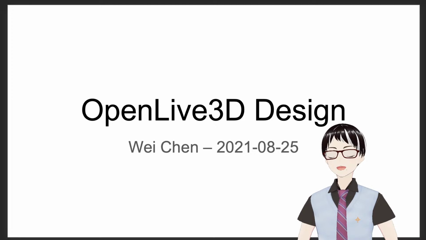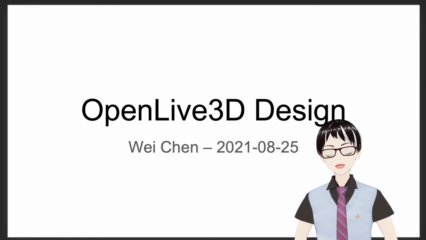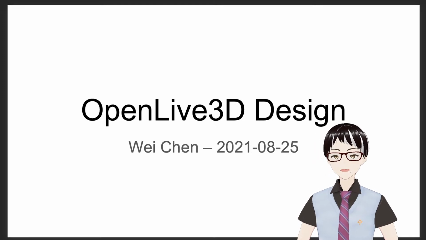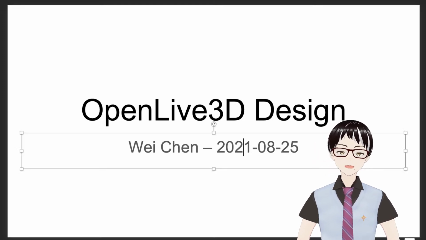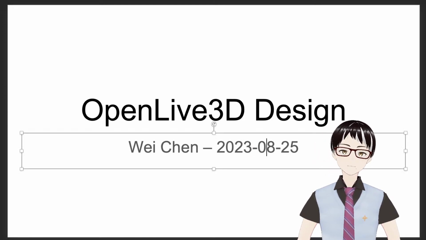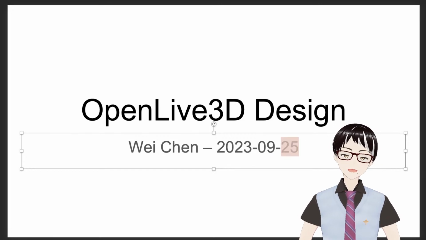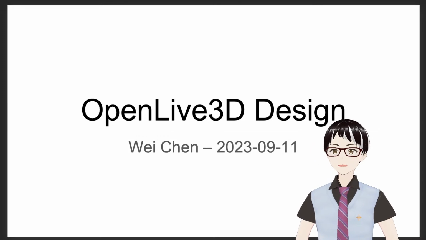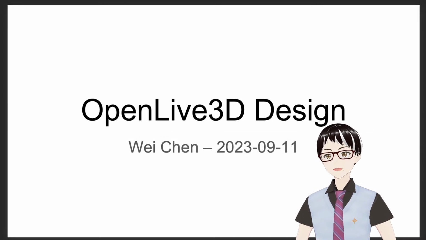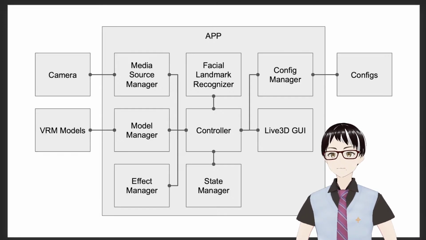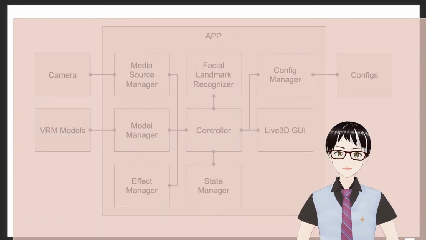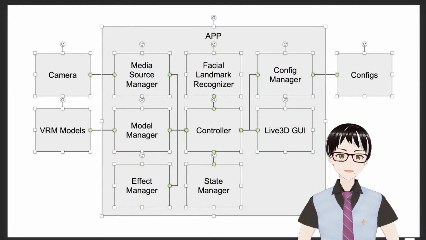So let's start our new design. Let's create a new page, dated 2023 9/11. Cool, right? So we're starting a new design, and the first thing that we'll need to do is list down the current architecture, right?